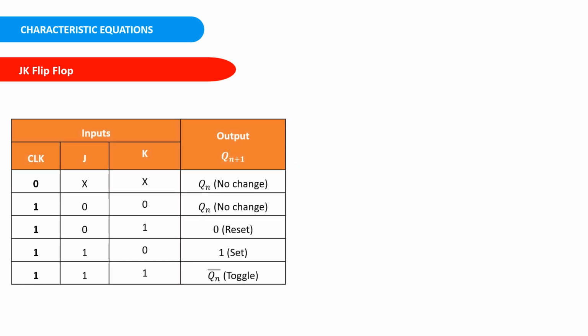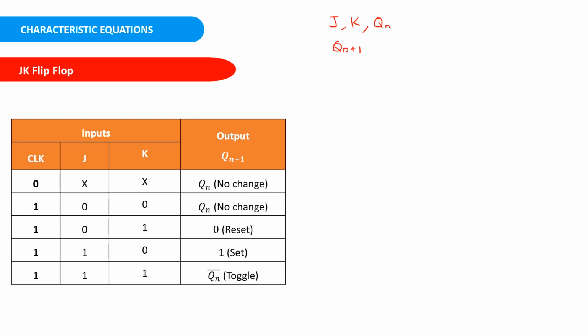Next is the JK flip-flop. For the JK flip-flop, we have two inputs, J and K, and the output Qn plus 1 depends on J and K as well as Qn, the previous state. So here we have three input variables and one output variable.